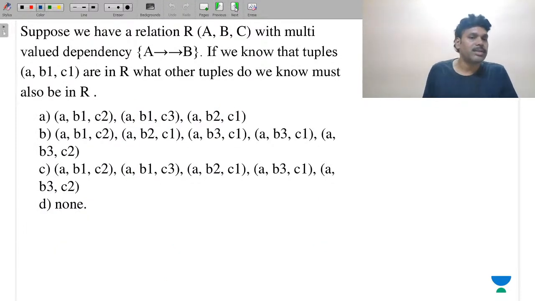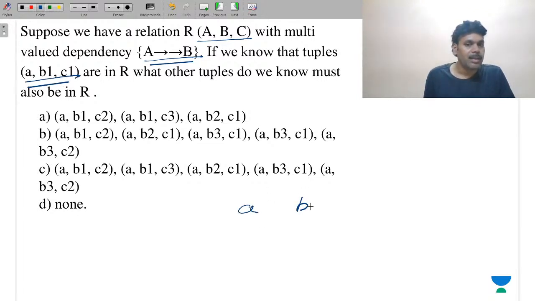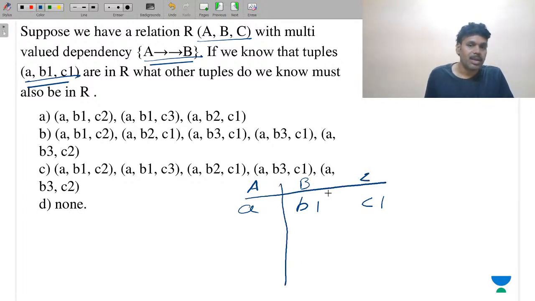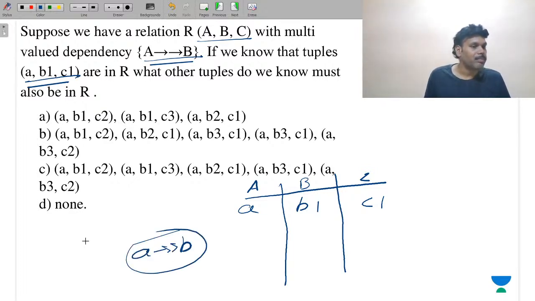Now, this is a good example. Suppose we have ABC with a multi-value dependency A implies B. The first tuple is A, B1, C1 in the A, B and C attributes. What are the other tuples required to prove A implies B?